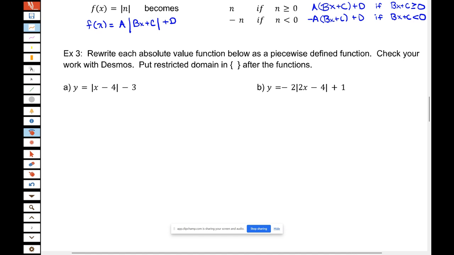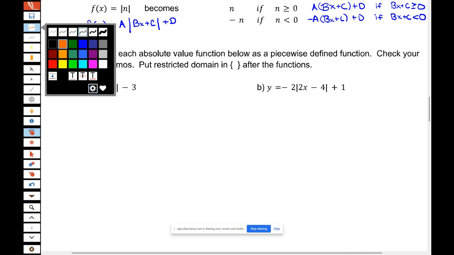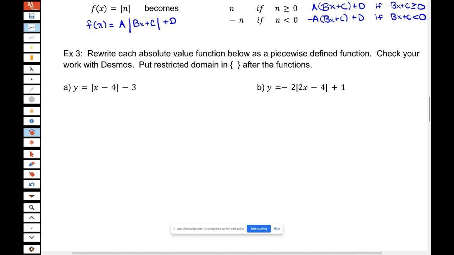All right, so we know that f of x is going to equal x minus 4 minus 3 if the part inside, x minus 4, is greater than or equal to 0, which means it's going to equal x minus 7 if, because I just combined those, x is greater than or equal to 4 if I add 4 to both sides.